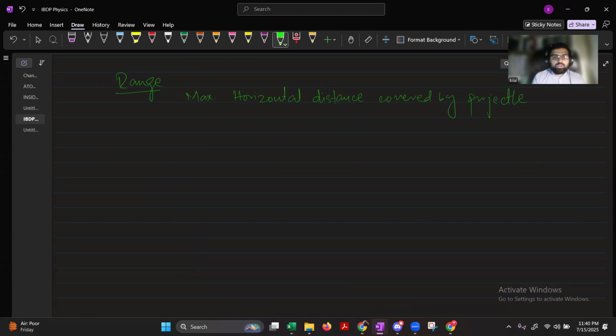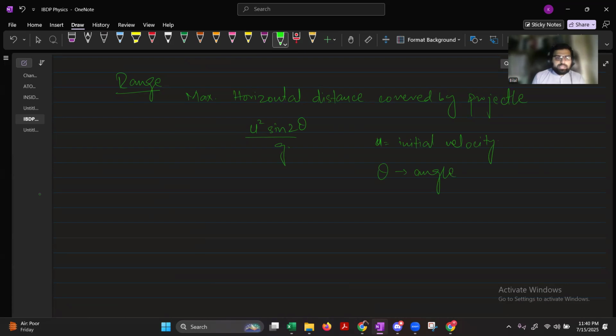So the formula for range is u square sine 2 theta over g. U is basically the initial velocity. Theta is the angle. Okay, the launching angle, at which angle you're launching your projectile.